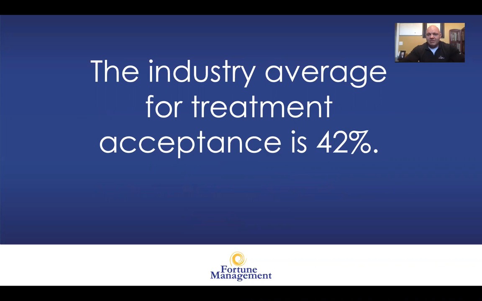So these estimates are very accurate. To give you some perspective, the top 10% of those practices, their treatment acceptance is about 64%. And we've got lots of practices that are in the 70s and the 80s. So the good news is we're not just going to talk about the 5 ways to increase your implant cases today.